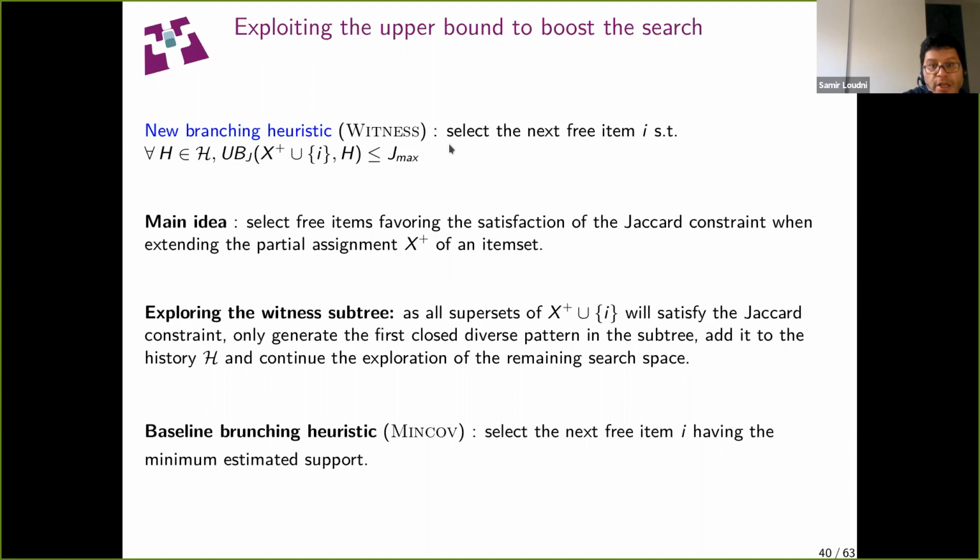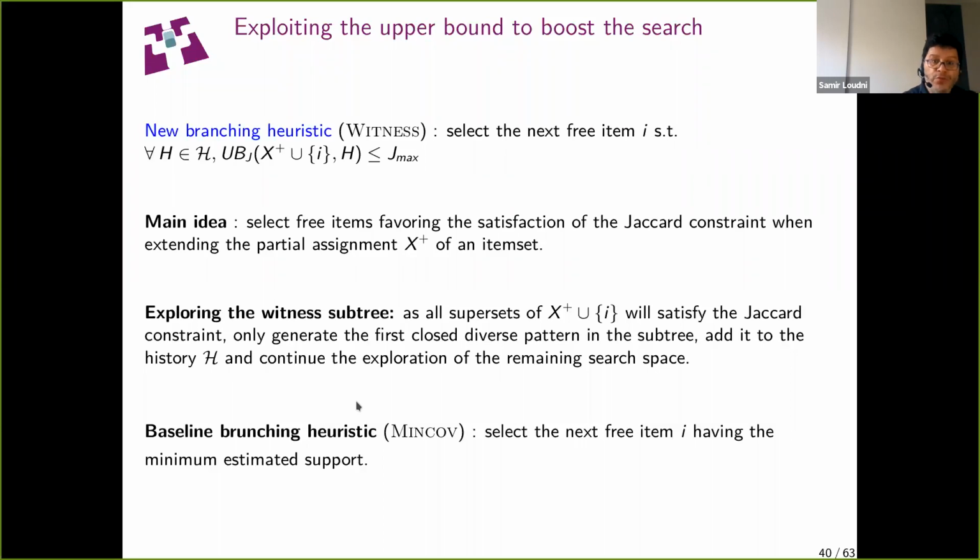This heuristic selects the next frequent items such that the following property is satisfied. The main idea here is simply to favor the satisfaction of the Jaccard constraint when extending any partial assignment of an item set.